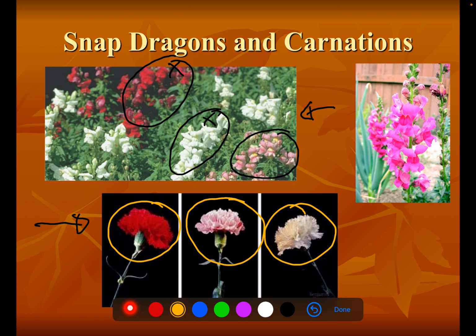So let's take a look at some crosses of, let's say, carnations. In the case of carnations, we know that if you are red, you're homozygous for red. That would be big R, big R. Notice that there's no lowercase letter because there is no recessive. And if you were white, or a carnation that produces white flowers, you would be R prime, R prime.